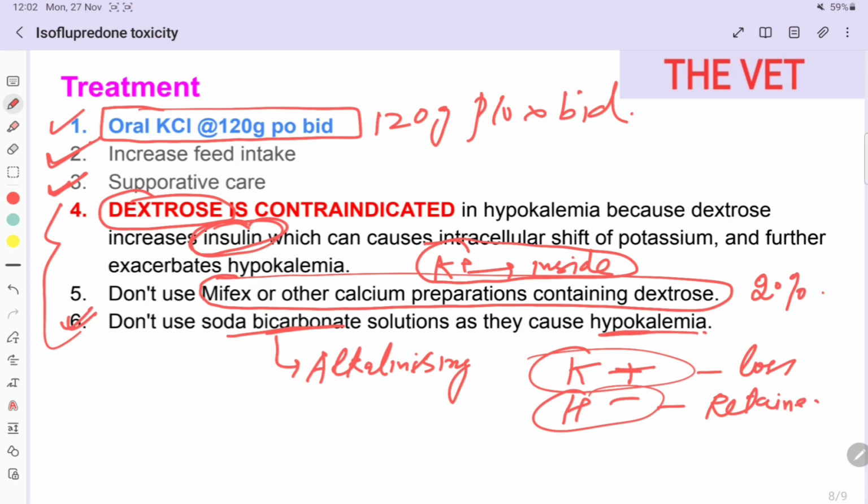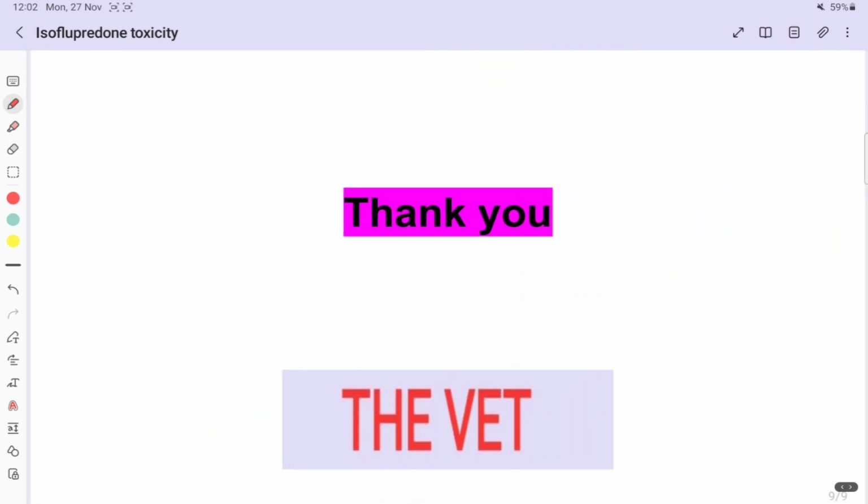So soda bicarb is also contraindicated in case of hypokalemia or isoflupredone toxicity. Regarding NS and oral, NS can be used easily because NS is acidifying, which will cause movement of potassium from cells to plasma. But oral cannot be used because oral is alkalizing and it will cause loss of potassium through urine. This was all about isoflupredone toxicity or hypokalemia.